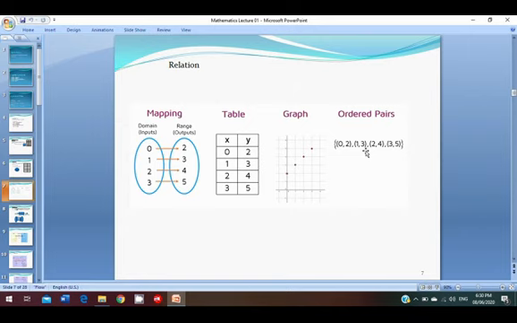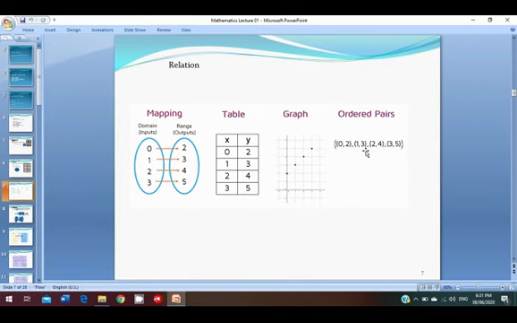These are ordered pairs of set A and set B. The first term of all these ordered pairs represents set A, or we can say 0, 1, 2 and 3 are the elements of set A. And the second elements of these ordered pairs, which are 2, 3, 4 and 5, are the elements of set B, right?